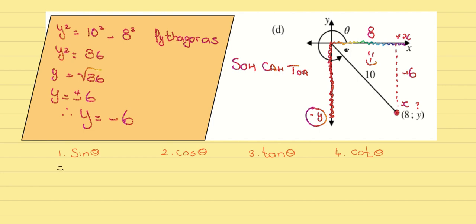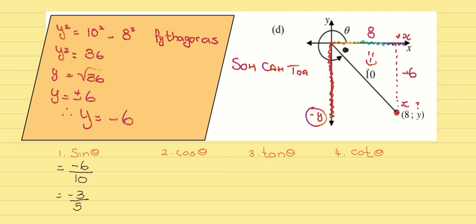Again, don't forget we consider theta as though it is over there, so opposite would be negative 6, and the hypotenuse is 10, so the simplified fraction here would be negative 3 over 5. So that is sine theta.